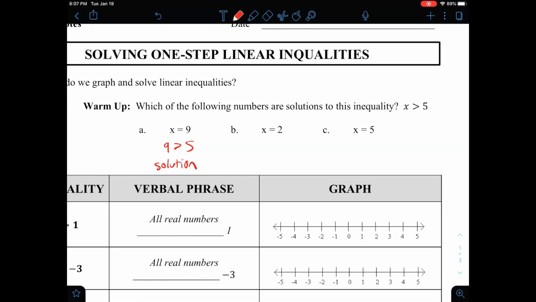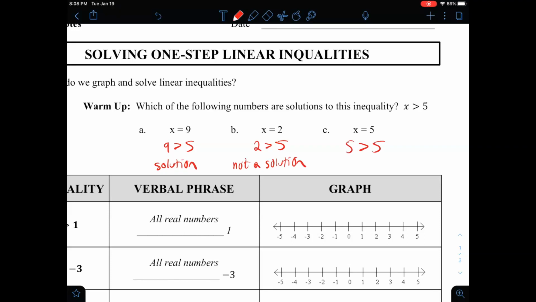All right, welcome back. We have x equals 2. Let's check that. Is 2 greater than 5 or no? It is not. So this is going to be not a solution. All right, what about C? X equals 5. So this one's going to be 5 is greater than 5. Well, is 5 greater than 5?